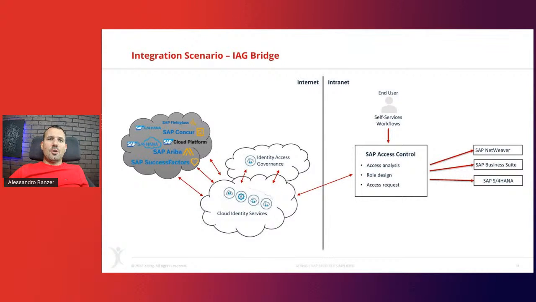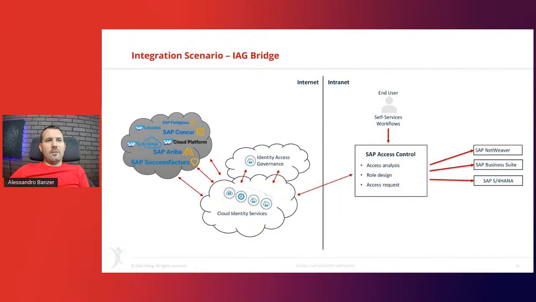And then IAG will take care of the cloud. So if we're requesting a business role that contains an S/4HANA on-prem role and one role for SuccessFactors, access control will provision on-prem, and then IAG will provision SuccessFactors. And that's all then played back into access control, where we have the audit log and all that information available. That's what we call the IAG bridge scenario.